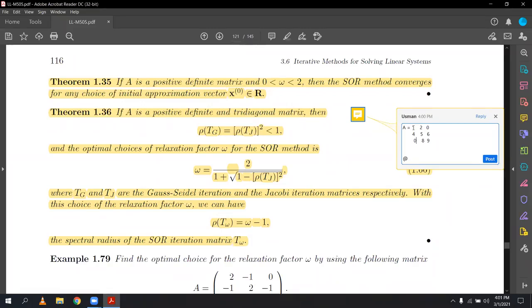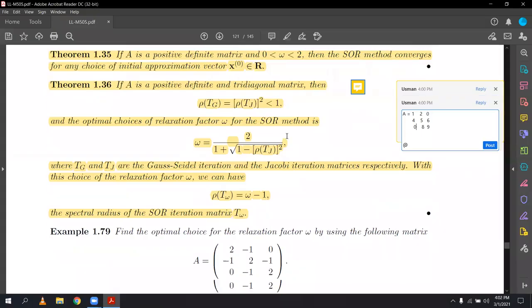A tridiagonal matrix means all the diagonal elements and one upper diagonal, like 2 and 6, and 4 and 8 as the lower, are not equal to 0. The rest, whatever the size of the matrix, 2 million by 2 million or whatever, only if these conditions are satisfied do we call it a tridiagonal matrix.